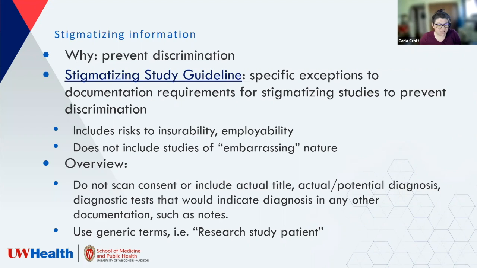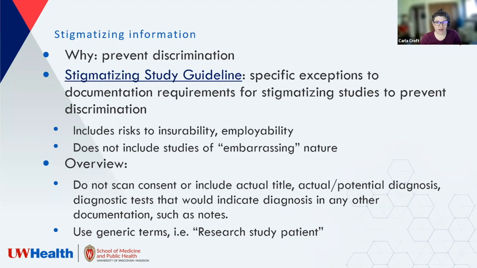The biggest exception to the documentation requirements, if your entire study is determined to be stigmatizing, is that we do not have you scan in the consent form or include the actual title or the actual or potential diagnoses for the patient. We don't have you include any diagnostic tests that would indicate the diagnosis in documentation, in any test results.